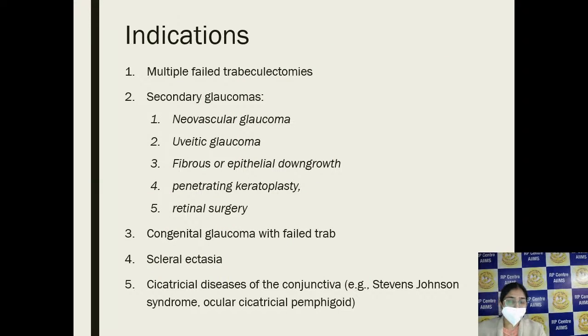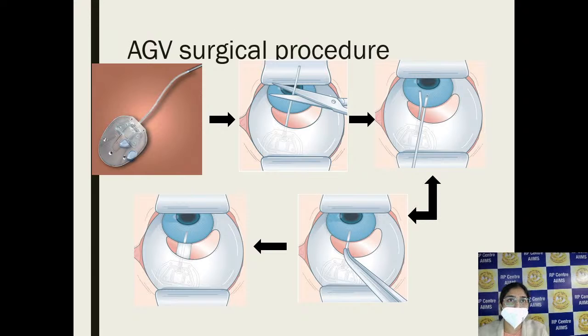Now, what are the contraindications? The contraindications are mainly a scarred conjunctiva and scleral thinning. Because we are inserting a foreign body in between the conjunctiva and the sclera, if scleral thinning is present, this device can rub on the sclera and cause a scleral perforation.